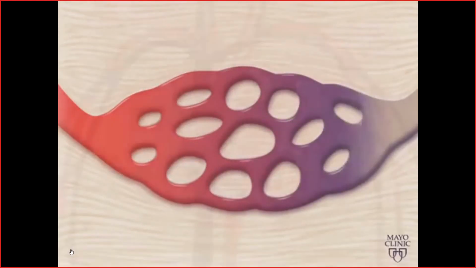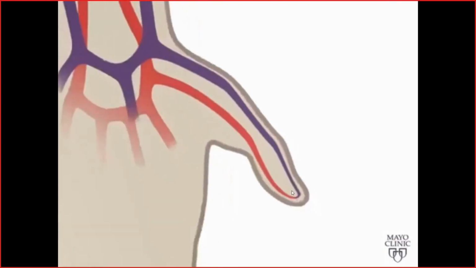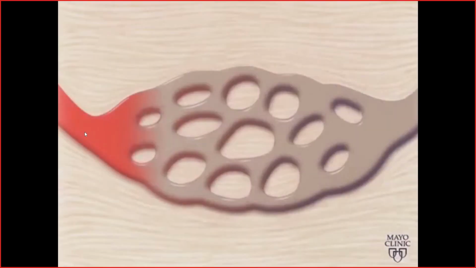If you can see here in this video, what happens? This artery carries oxygenated, or oxygen-rich, blood, and then it will branch into smaller branches to reach each cell of our body.